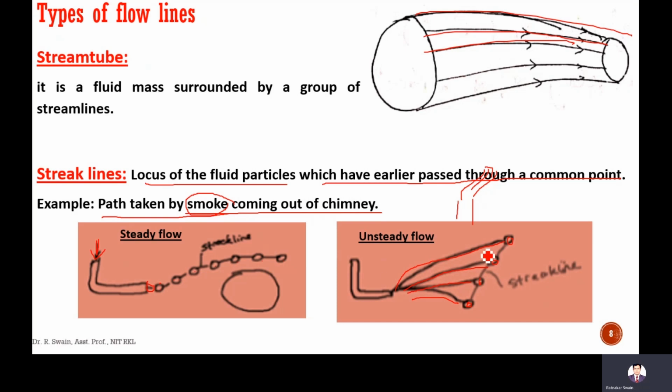All these fluid particles have passed through one common point. Now if you join their present positions, it will give you one line, that is called a streak line. When you join the positions of the particles which have passed a common point, that is called a streak line.